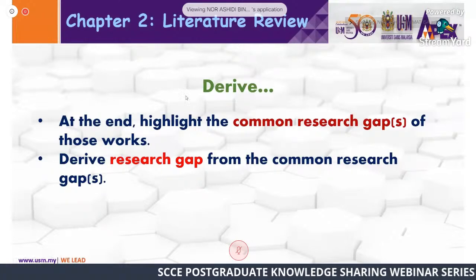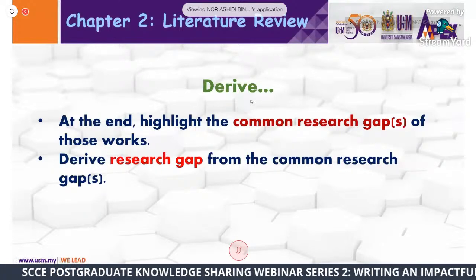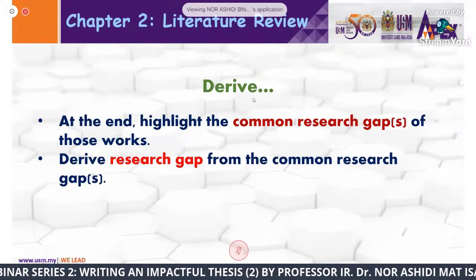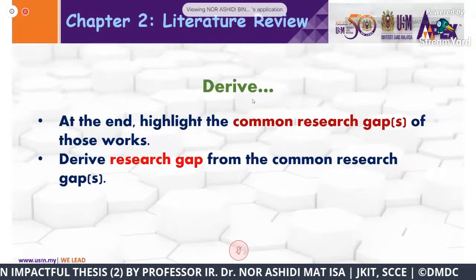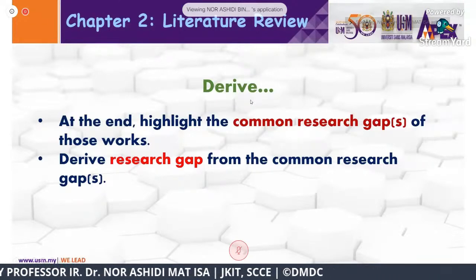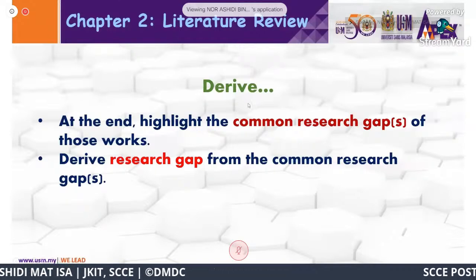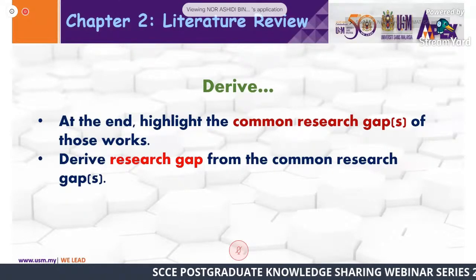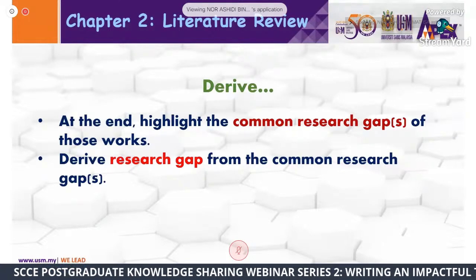This is what we call derivation. You need to derive, based on those problems, one research gap to be held by you from the beginning of your research until the end of your research. Whatever you did, you must refer to that research gap.